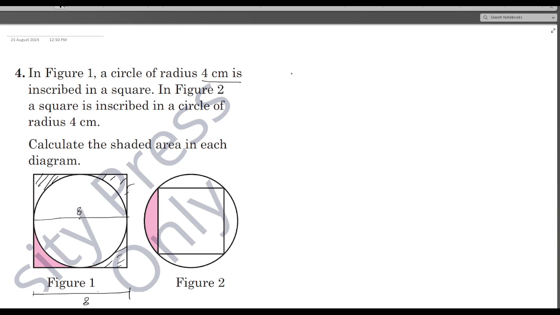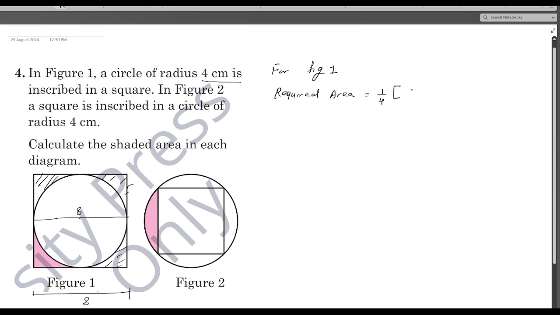So for figure 1, the required area of the shaded region will be 1/4 of the area of the square, which is 8 square, minus the area of the circle, which is pi times 4 square.